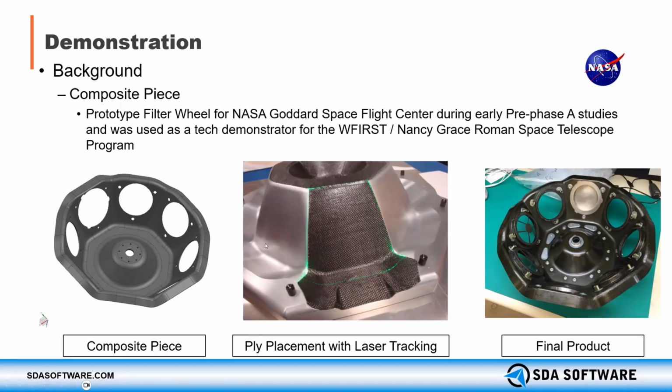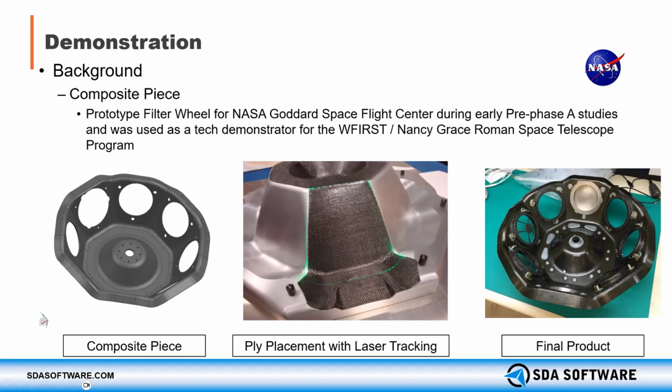Fibersim was able to generate the flat patterns, and then we cut these out. And then we were also able to very quickly generate the laser tracking data for this and produce this part very quickly, eliminating waste and increasing our efficiency in generating this part.